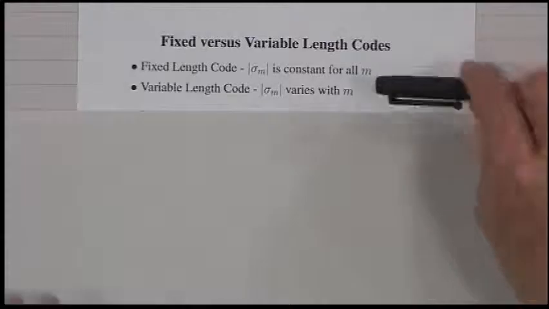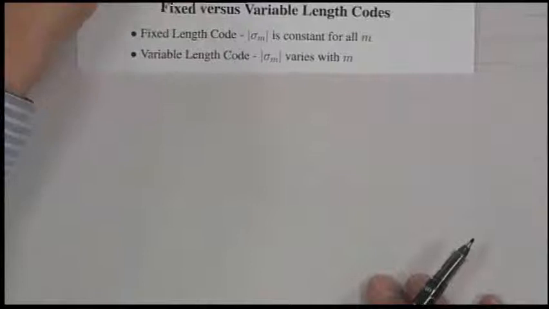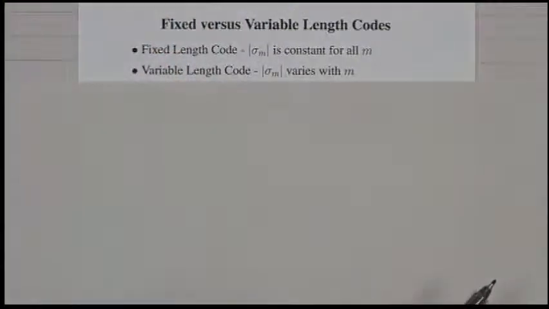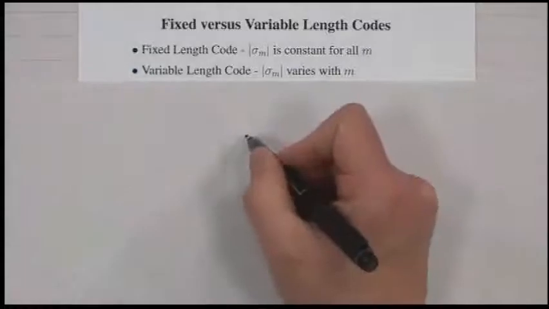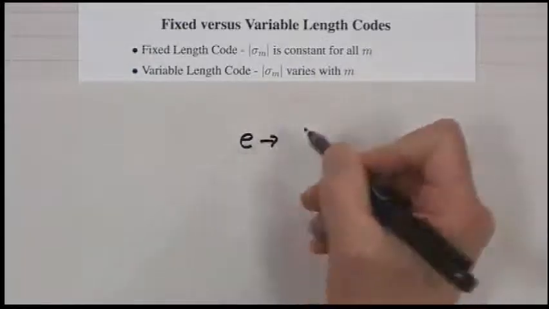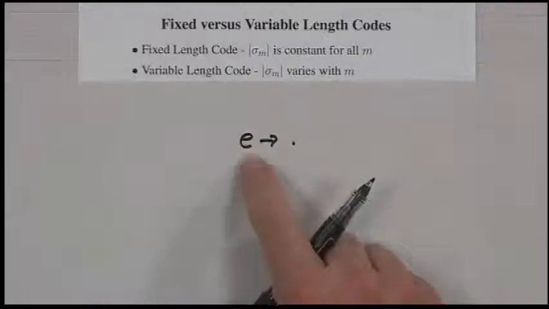So is Morse code a fixed length code? No, it's a variable length code. And if you think about it, the most common symbols have shorter sequences. I don't know much Morse code, but I'm almost certain that E goes to dot. Does anybody know Morse code here? Okay, I'm pretty sure that E goes to dot.